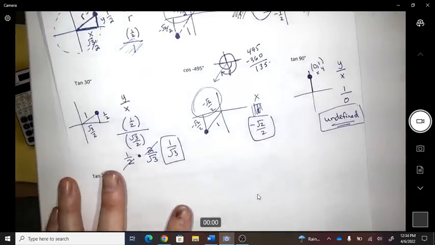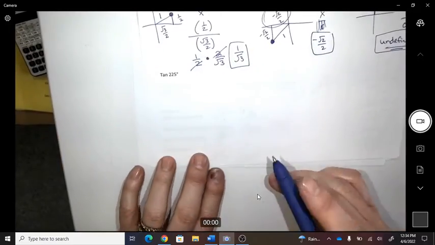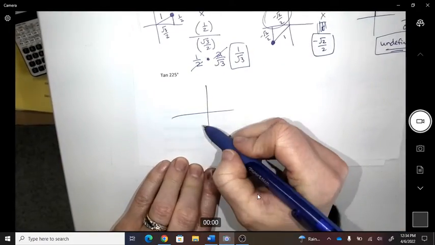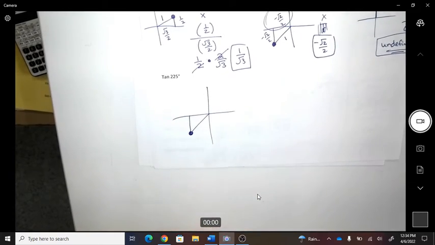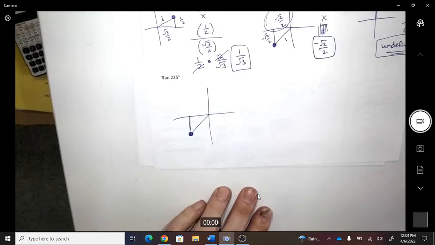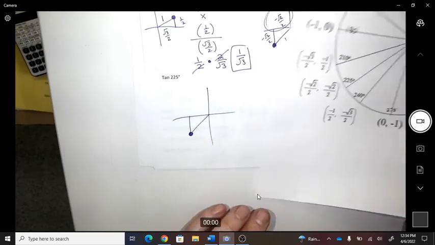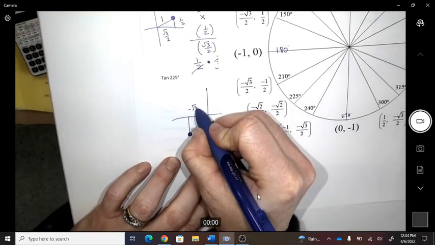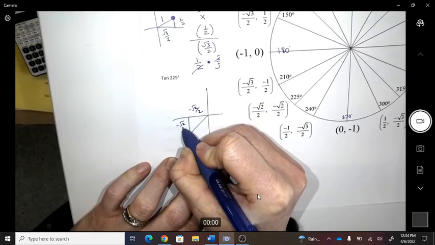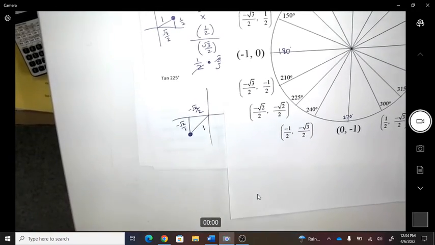Okay, last question. Tan of 225. So here's my location. And when I look at my coordinates, negative root 2 over 2, that would be all the stuff I know.